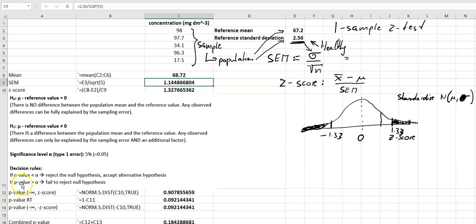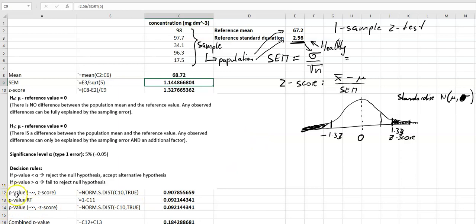Likewise, if we find that the p-value is larger than alpha, we fail to reject the null hypothesis, or in other words, we simply say the population from which we took this sample and the population that is defined by this reference mean and the reference standard deviation are indistinguishable from each other.